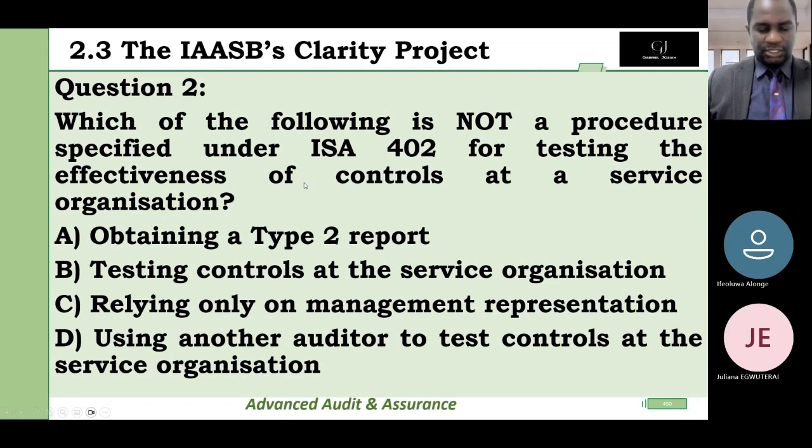Number 2. Which of the following is not a procedure specified under ISA 402 for testing the effectiveness of controls at a service organization? A, obtaining a type 2 report. B, testing controls at a service organization. C, relying on management representation.